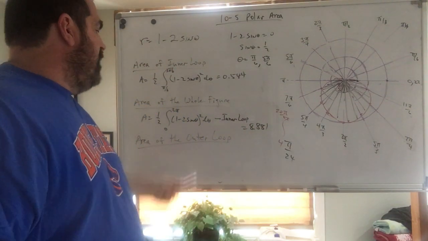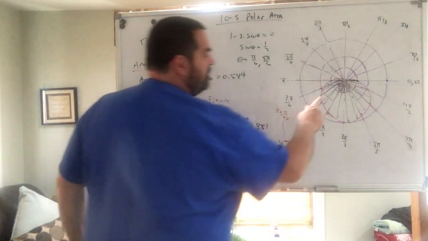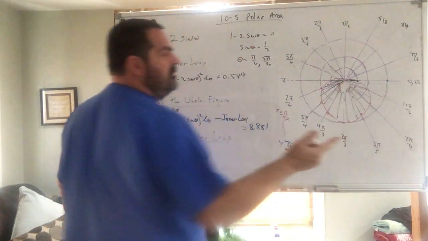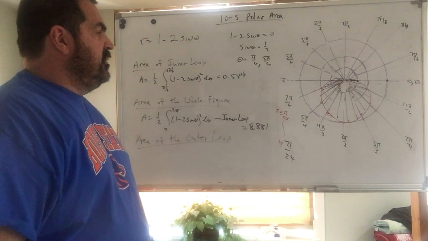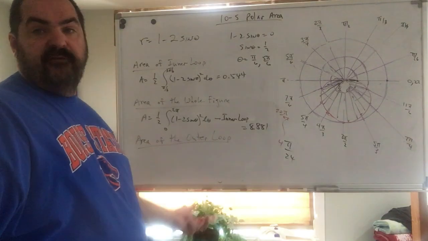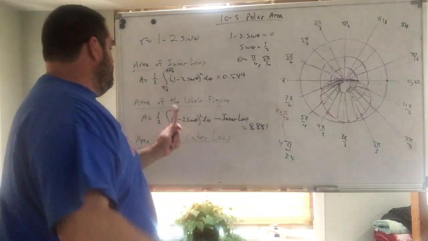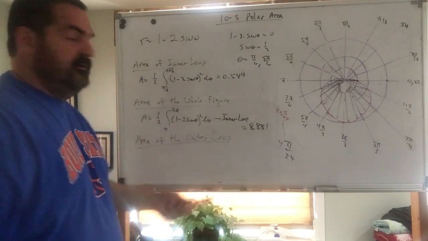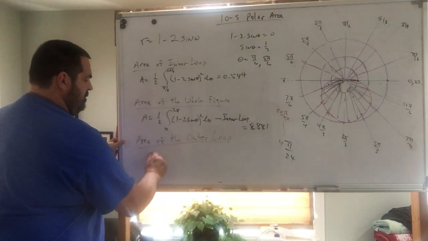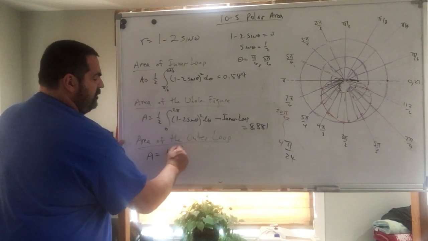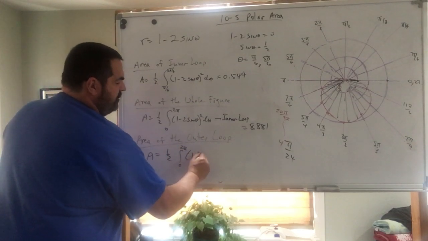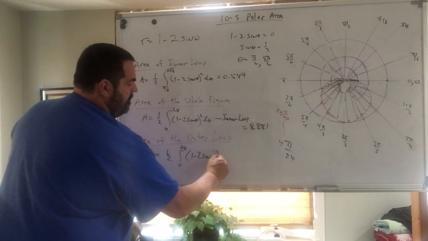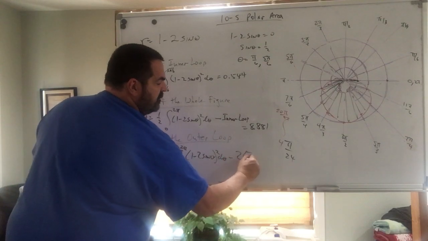Well, what if you want the outer loop? The outer loop is the area without that part. How do you find that area? Well, if we take the whole figure and then subtract off another inner loop, so again, 0 to 2 pi, 1 minus 2 sine, minus 2 inner loops.